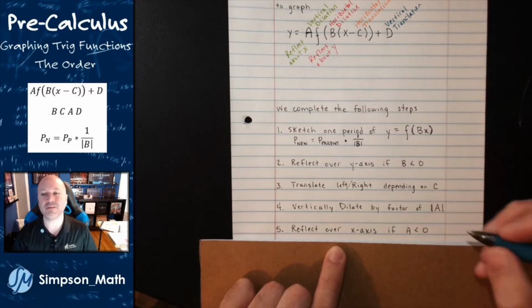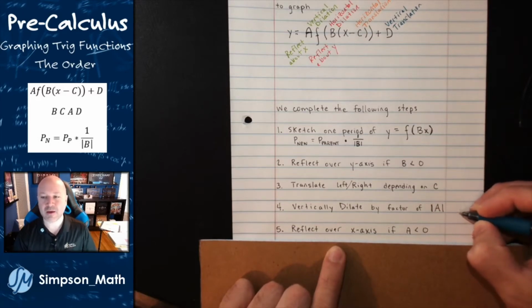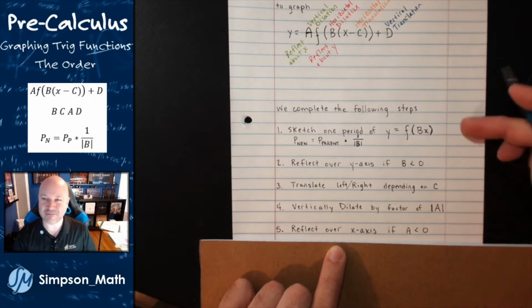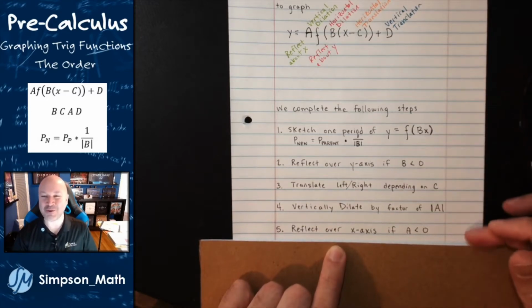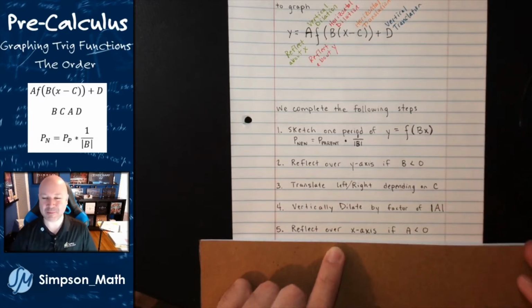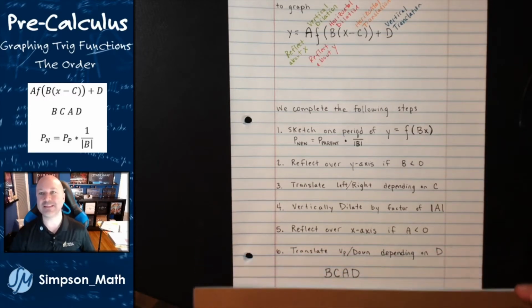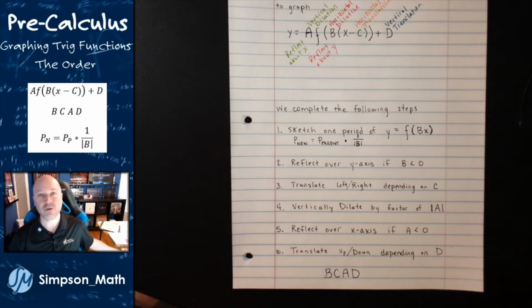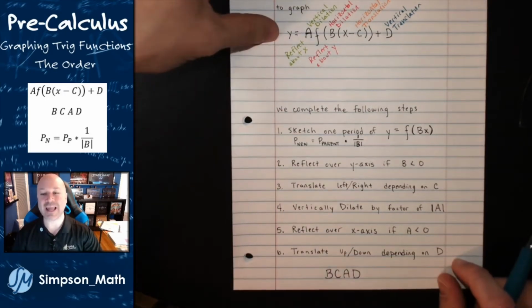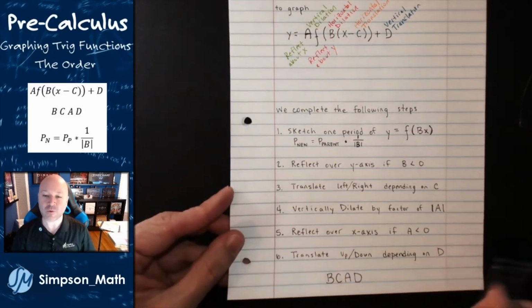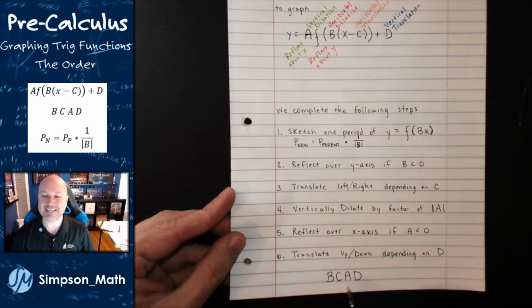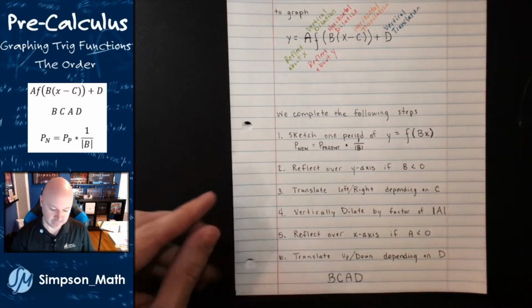As you progress and do more and more of these, you can maybe combine steps together, but I say for working through this the first time, do one step at a time. And then lastly, we'll take care of that d. Any vertical translation is the easiest part, but we're going to do it last. So if we go in order, we have b, c, a, d.